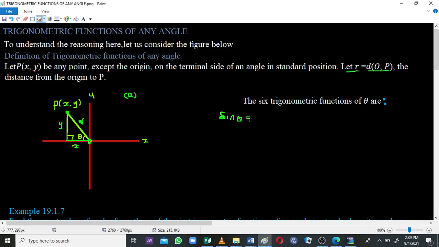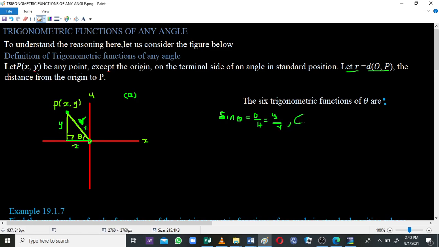Sine theta is equal to opposite over hypotenuse. In terms of x and y, from the diagram, our opposite is y and our hypotenuse is r.